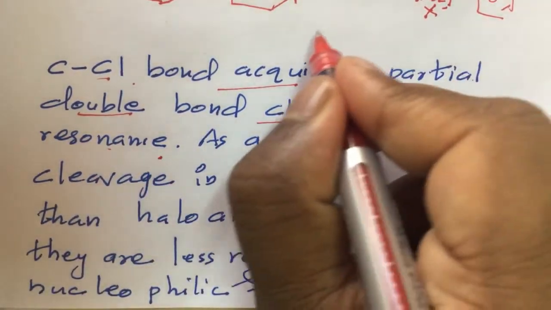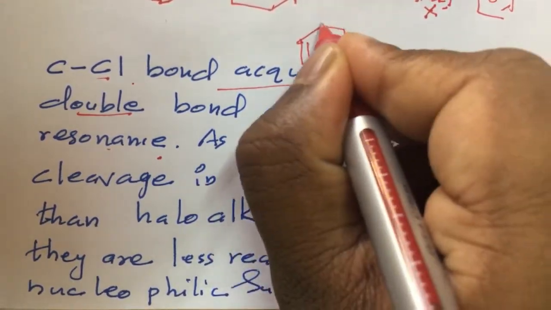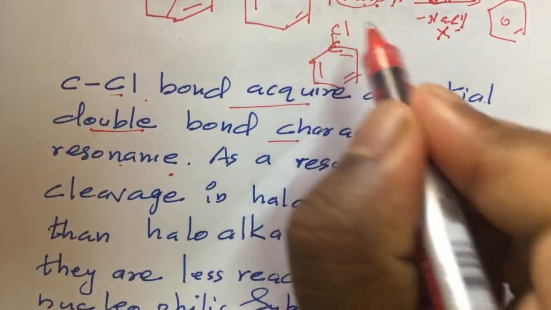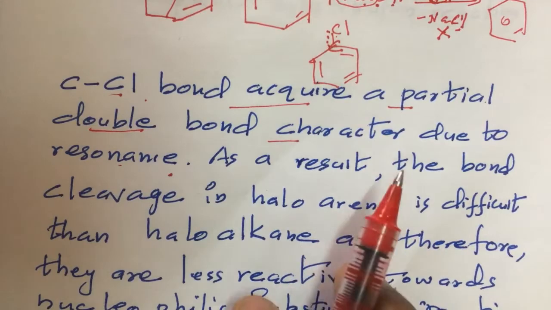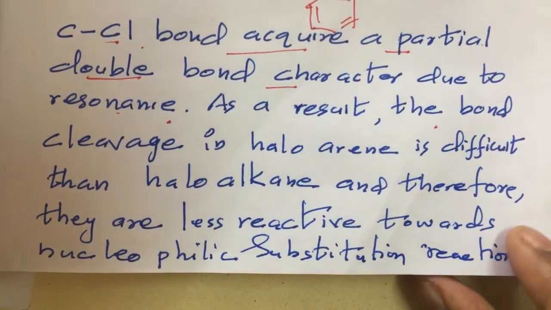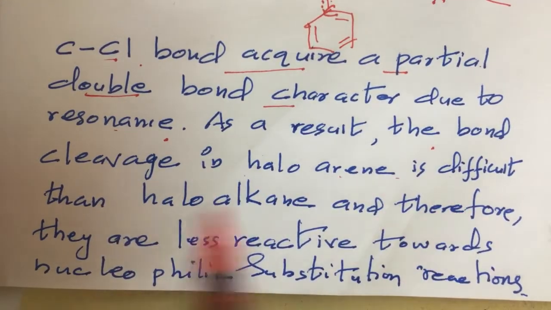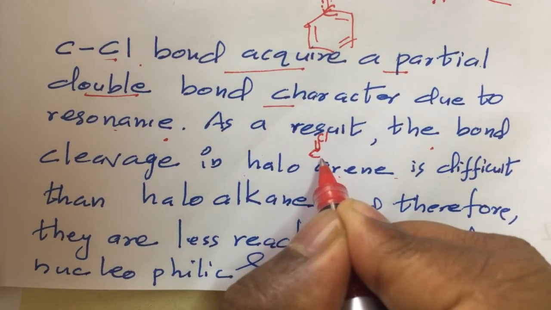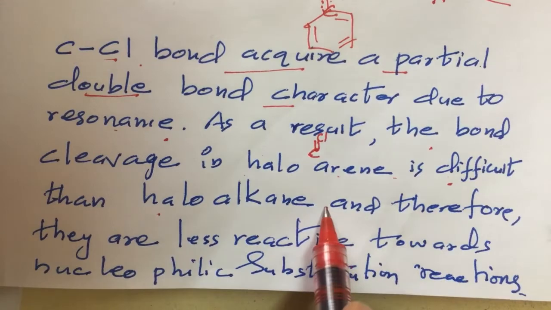So already I told you, due to resonance, carbon-Cl bond acquires a partial double bond character. As a result, the bond cleavage in haloarene is difficult. The bond cleavage of chlorine and carbon of haloarenes becomes difficult than haloalkanes.